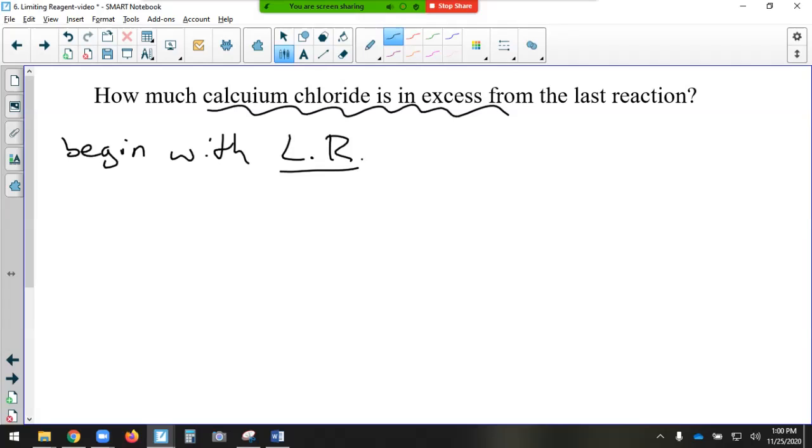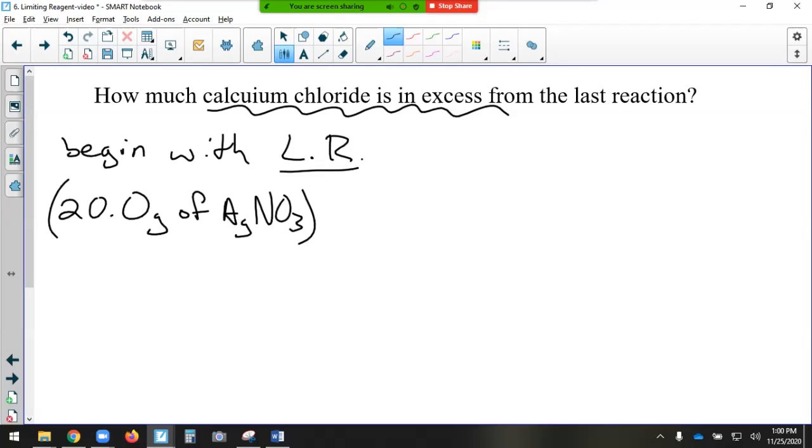So start off with your actual limiting reagent, that's 20 grams of silver nitrate. Once more, we don't have moles, so we have to do a mass conversion to convert it into moles.